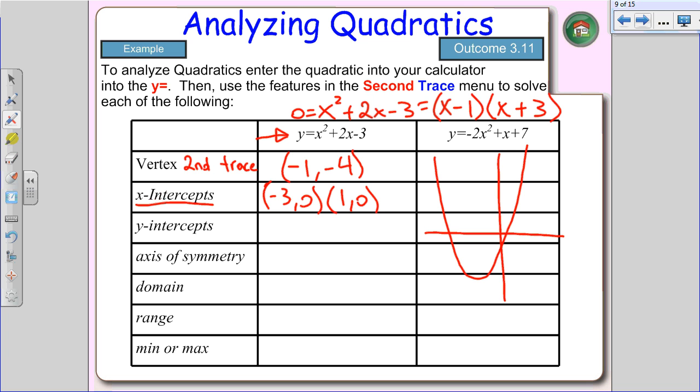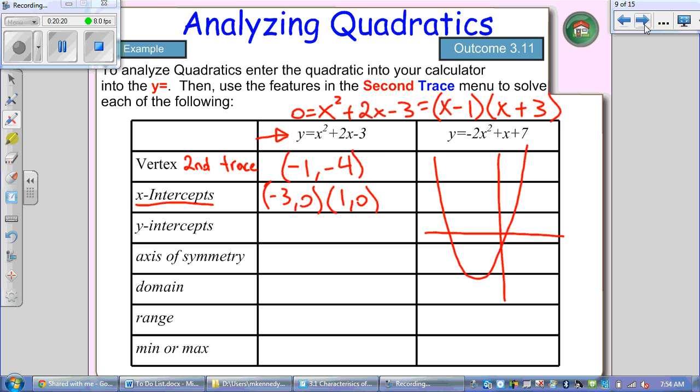So if you go second trace again, you'll get some points that say value, 0, minimum, maximum. X-intercepts are called your zero, so click on the 0 button. And again, it says left bound, right bound, so you can go left bound of your X-intercept.